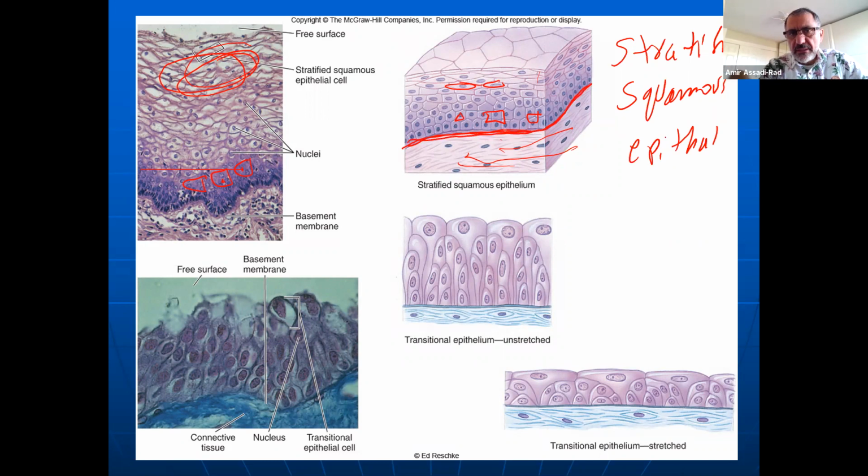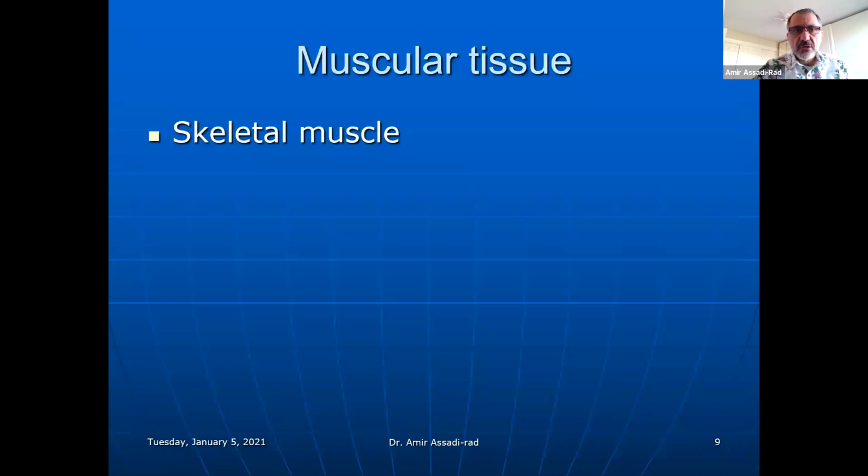And then underneath it could be smooth muscle, in this case, or another layer of connective tissue. So on top, these are all squamous epithelial tissue. So this tissue is stratified squamous epithelial tissue. I did not mention that last time.